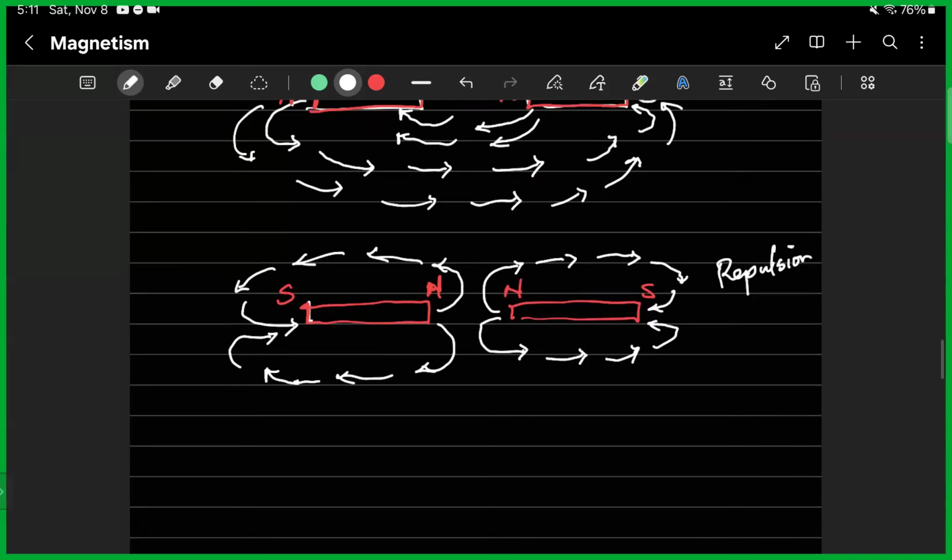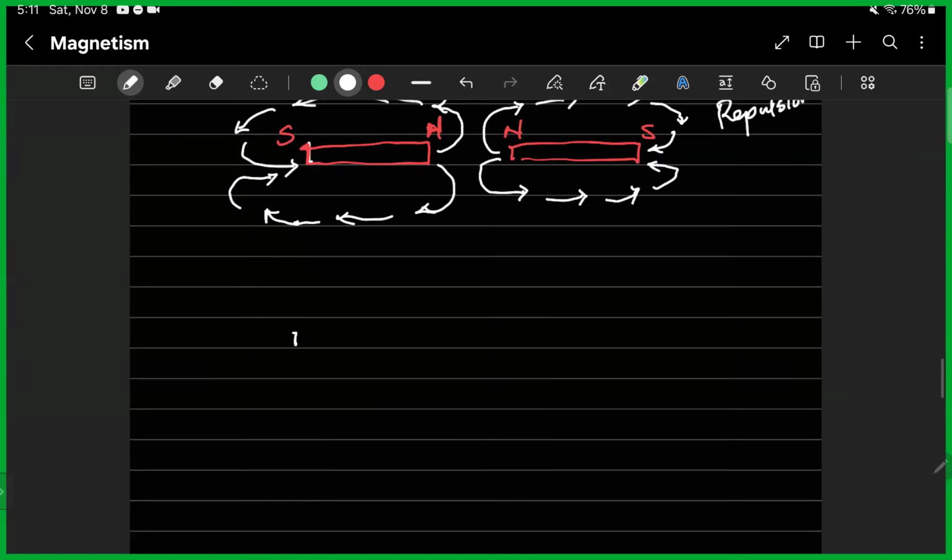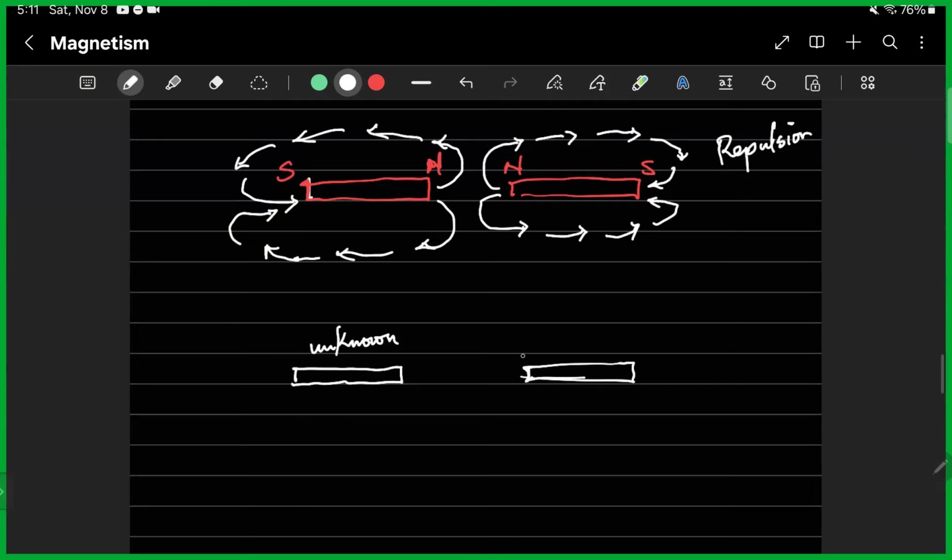Now, let's say I have an unknown magnet and I want to know its polarity. I just bring it near a known magnet, north and south. I don't know what's at this end, but when I bring it near, I notice that it is attracted.